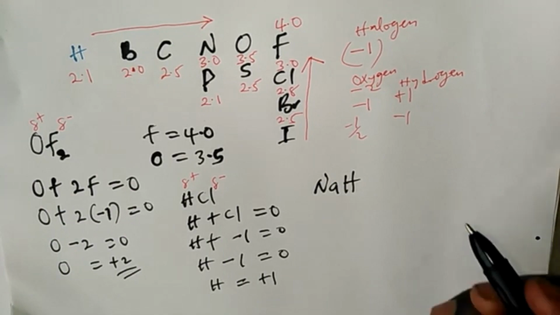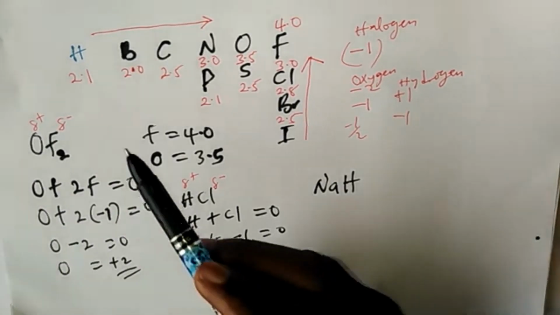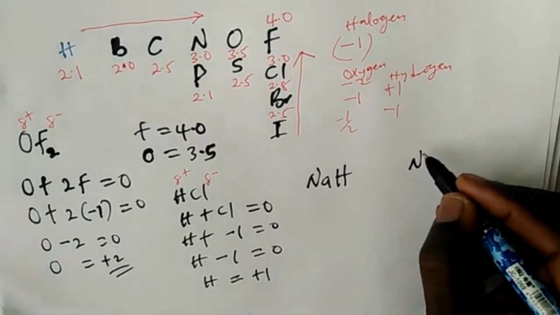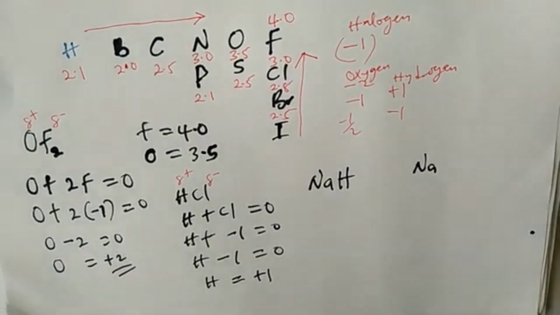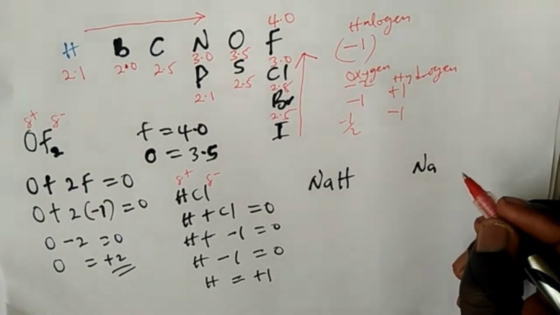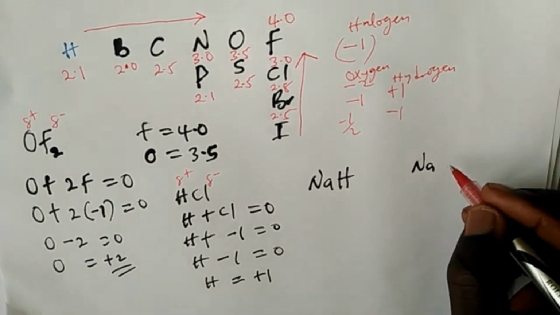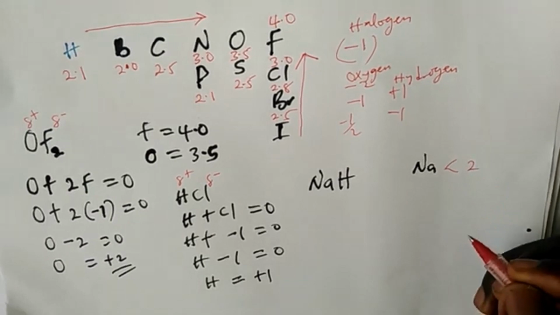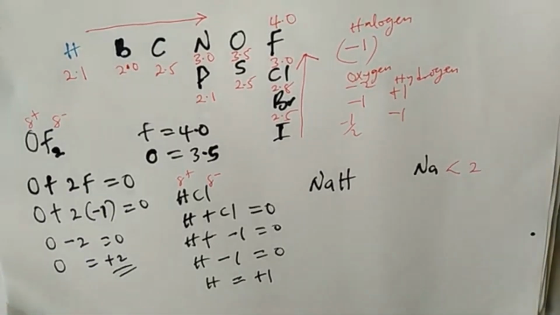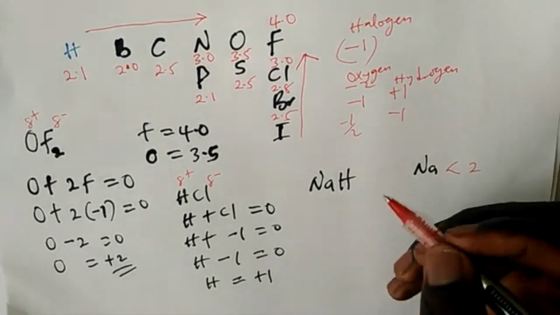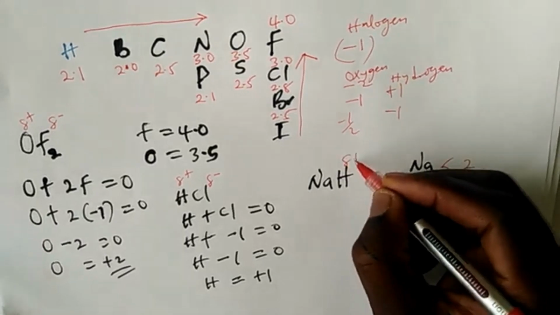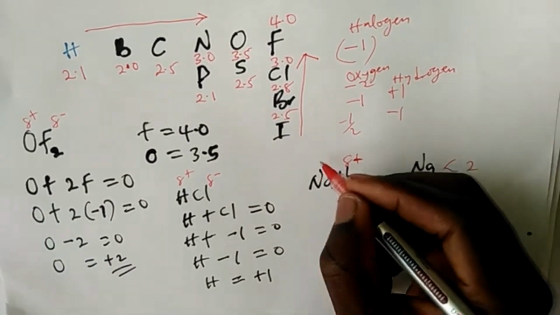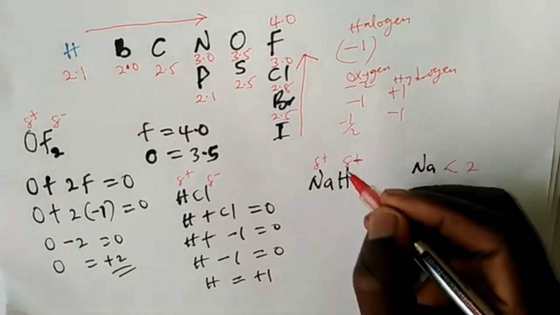We know that hydrogen has an electronegativity value of 2.1, while sodium has a value of less than 2, right? Therefore, hydrogen is partially negative. It has more electronegativity, while sodium is partially positive.